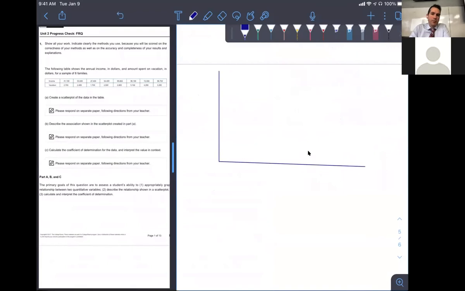Now, Hikmat, what's the explanatory variable and what's the response variable? The income is your explanatory variable and your vacation is the response, because your income determines your vacation. Yes.